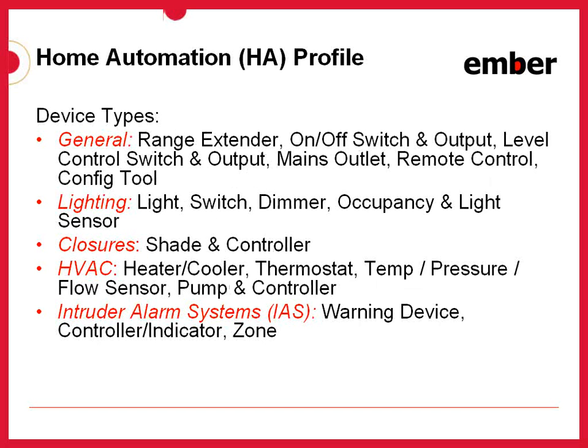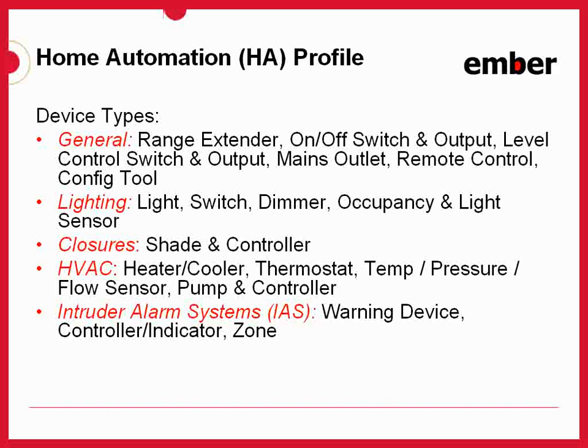Device types in the HA profile include your basic range extender, which really has no functionality other than to repeat packets to get across the network. There are on and off switches and their corresponding on and off outputs. There are level control switches and their outputs. There are mains outlets, remote controls, and then a configuration tool.